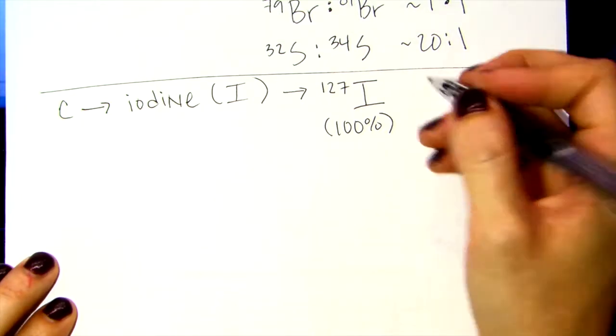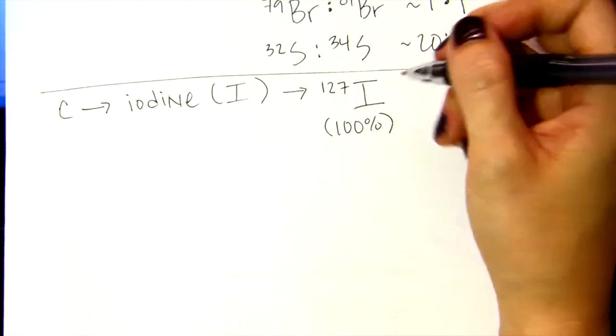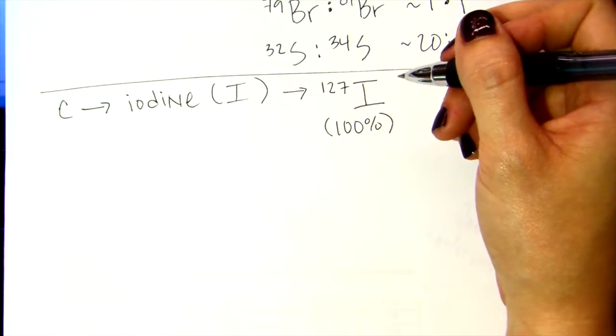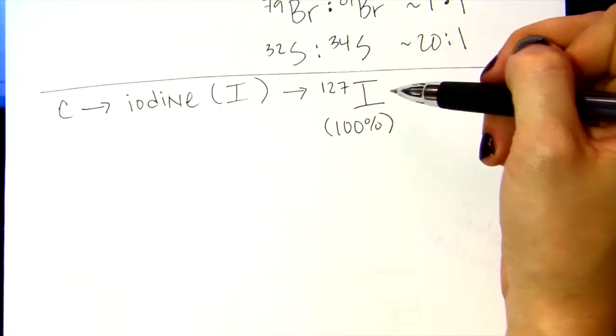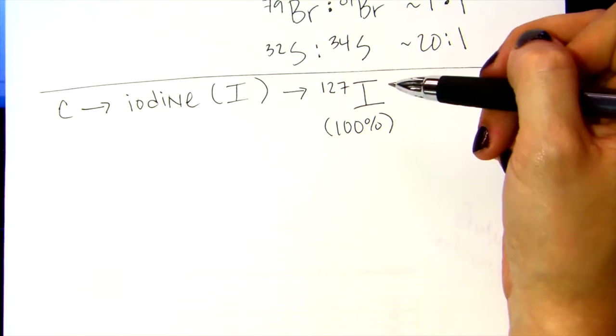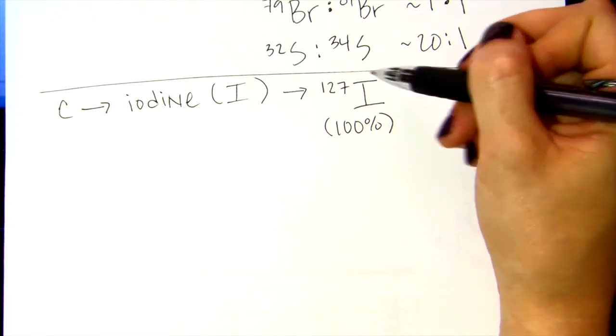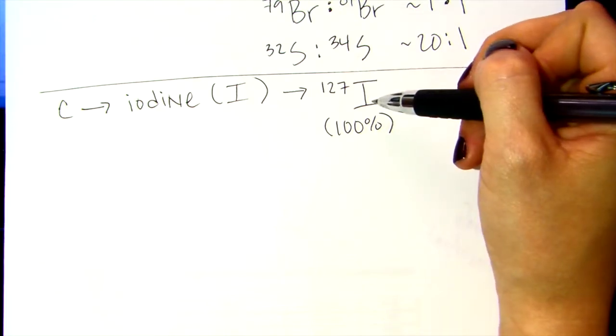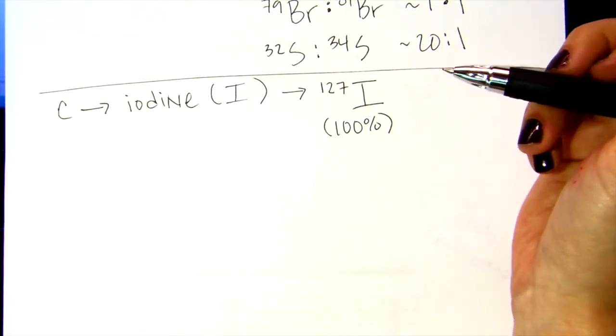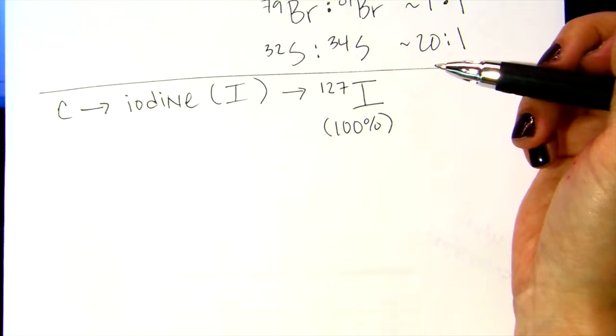And so usually if you have an iodine attached to your organic molecule, iodine fragments off the molecule really, really easily. So usually when you have an iodine-containing molecule, the iodine just flies off, and you get a peak at 127 for the iodine atom by itself.